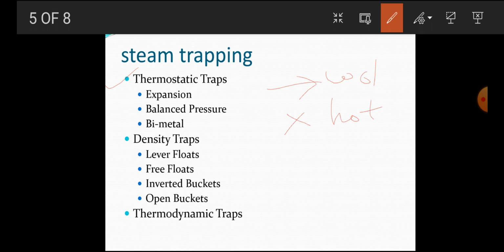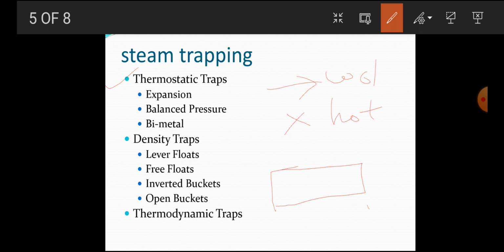So the hot temperature causes a thermostatic element to move in such a manner that it closes the valve head against the valve seat.